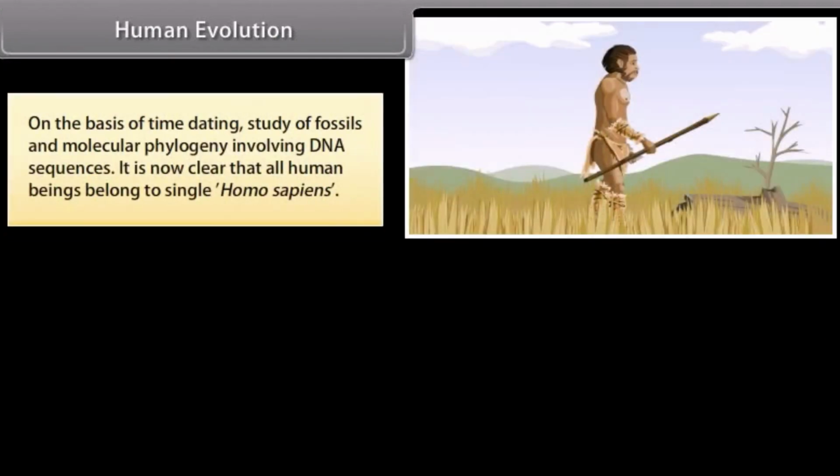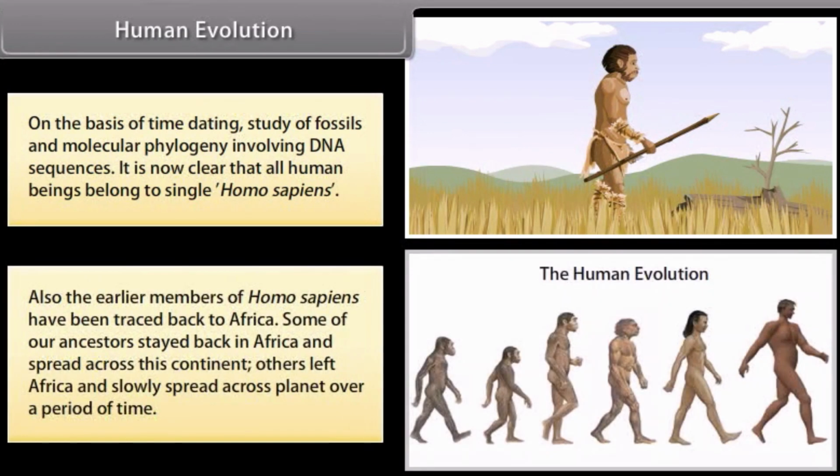On the basis of time dating, study of fossils, and molecular phylogeny involving DNA sequences, it is now clear that all human beings belong to a single species, Homo sapiens. Also, the earlier members of Homo sapiens have been traced back to Africa. Some of our ancestors stayed back in Africa and spread across this continent.